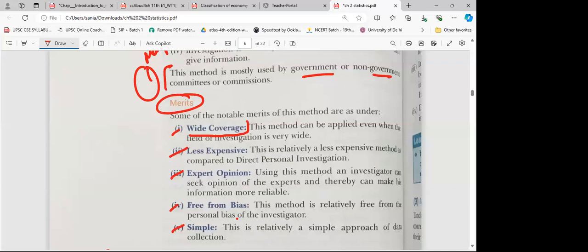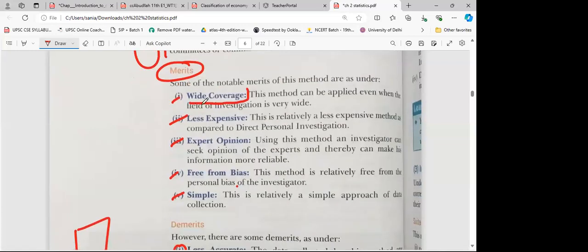Ma'am, these merits and demerits, only the blue part, right? Yes, only the highlighted ones.